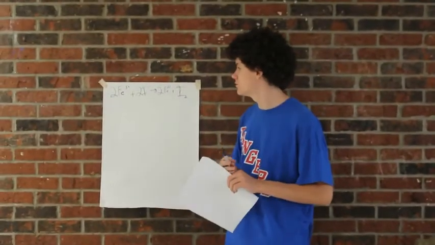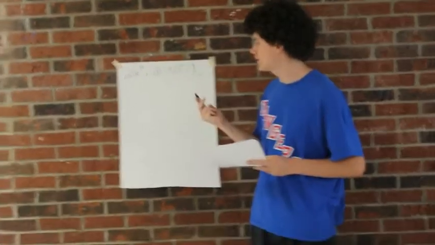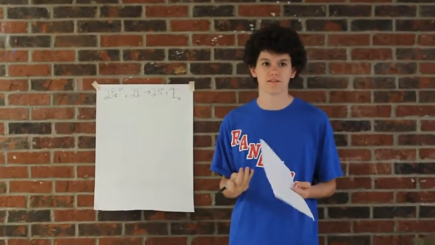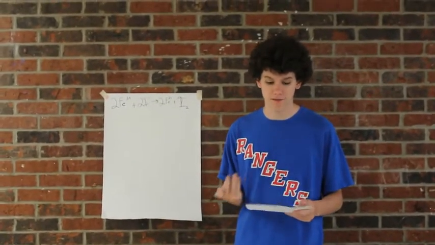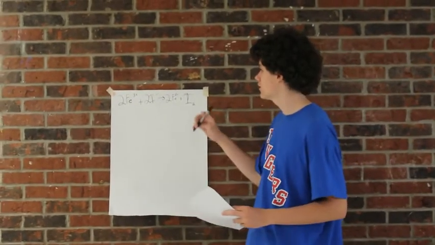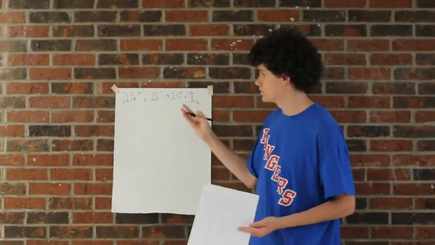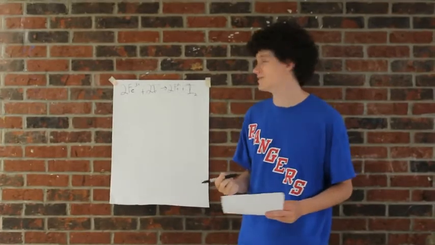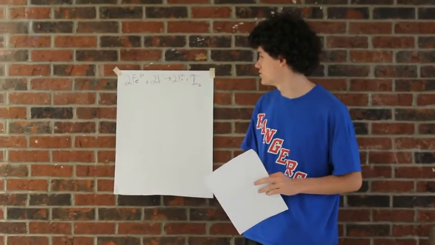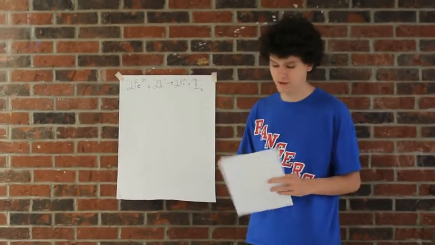So the electrical output of a galvanic cell can also be determined mathematically. So you take your electrochemical cell reaction, which is 2Fe3+ + 2I- yields 2Fe2+ + I2.